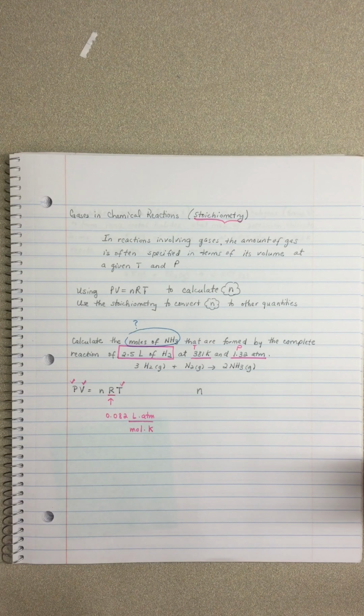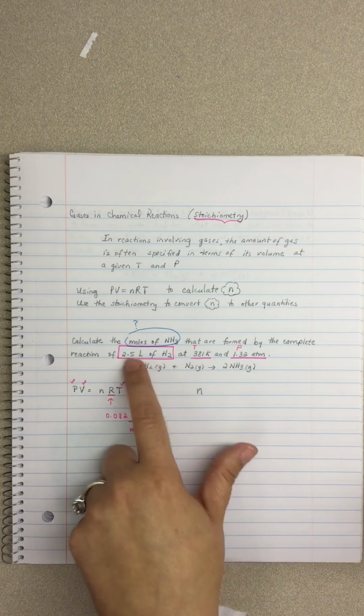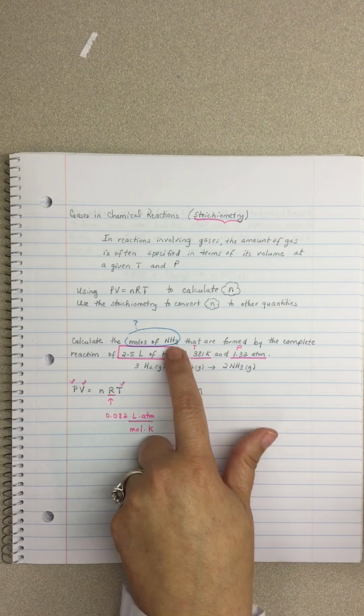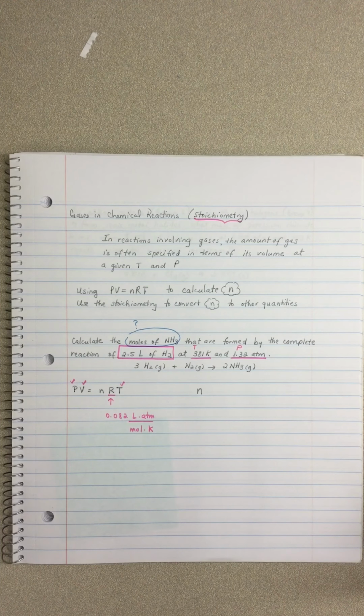Your volume for hydrogen, you can use to find moles of hydrogen, because the volume of hydrogen is due to the moles of hydrogen in your container. So you cannot use your information here to find moles of NH3. That is not correct.